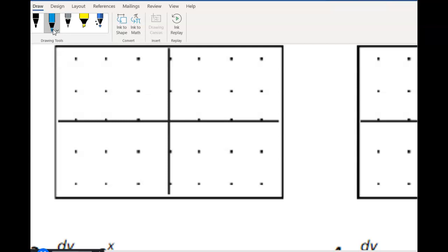So where is x 0? X is 0 up and down in the middle. So when x is 0, the slope is 0. So a slope of 0 is a horizontal line. When y is 0, the slope is undefined. A slope undefined is a vertical line. So when y is 0, all of your slopes are straight up and down. So those are the two easiest ones to look at.